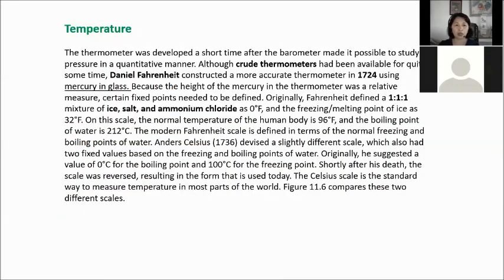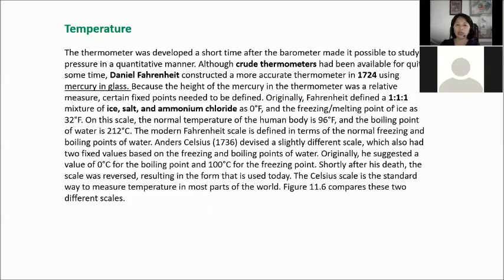Next, temperature. So a thermometer was developed a short time after the barometer. Though crude thermometers had been available for quite some time, Daniel Fahrenheit constructed a more accurate thermometer in 1724 using mercury in glass. Because the height of the mercury in the thermometer was a relative measure, certain fixed points needed to be defined.